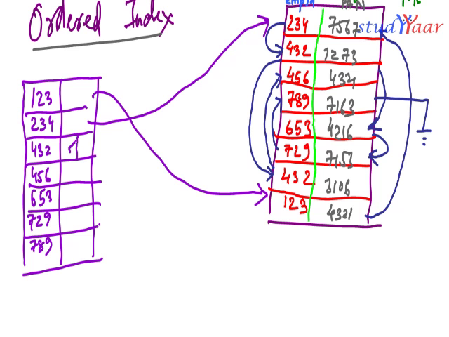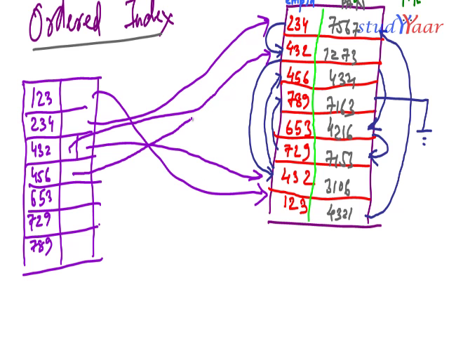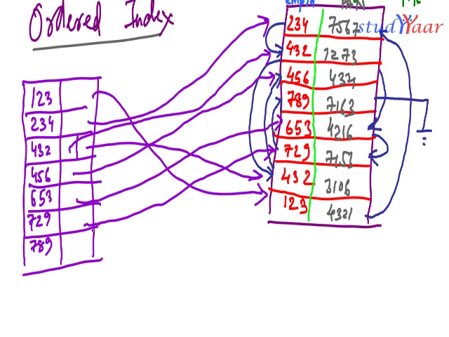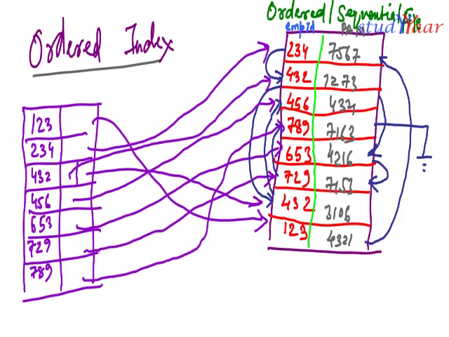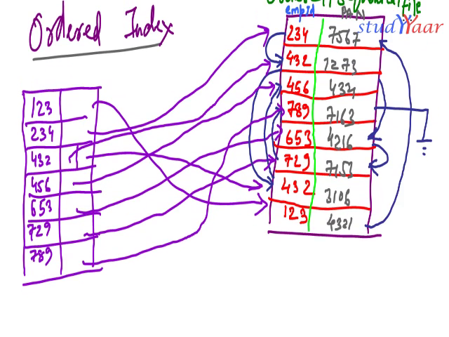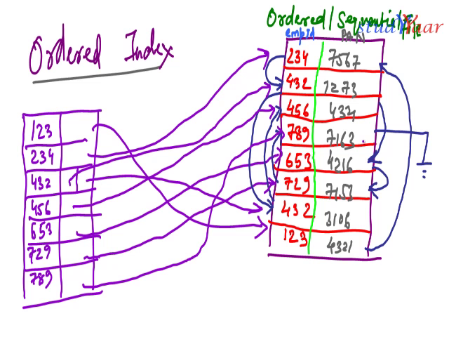First pointer would point to this record and second pointer would point to this record. Then 456 would point to this, 653 would point to this, 729 pointing to this, and 789 pointing to this record. So this is my index that was based on employee ID.